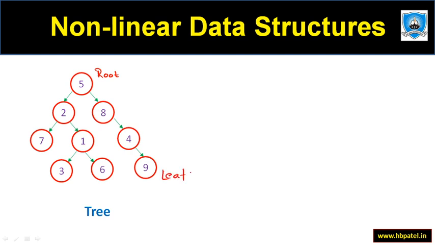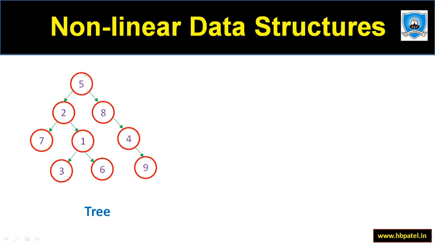We have another terminology. For example, if you consider just this subtree, then this 2 is a parent node, where 7 and 1, these two are child nodes. So 7 is a child of 2, 1 is a child of 2.